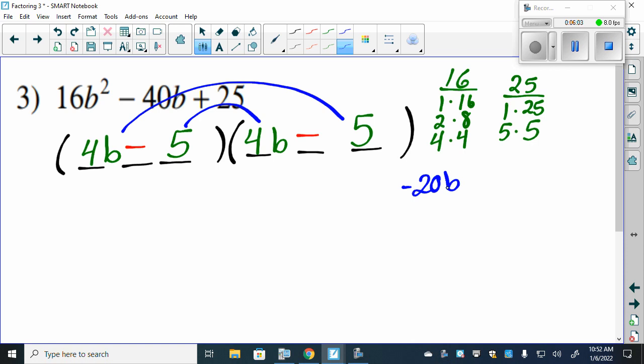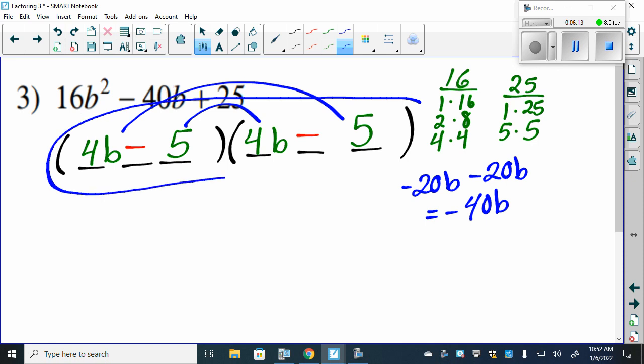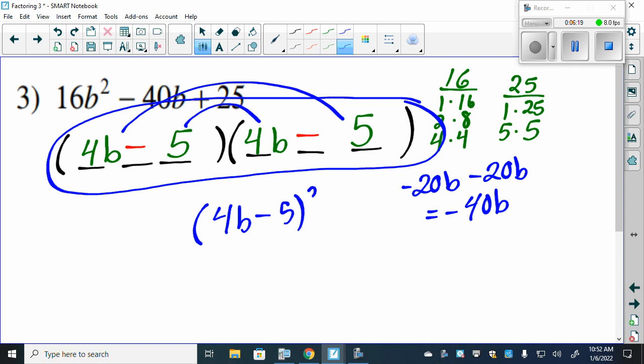Negative 5 times 4b is negative 20b, which gives us negative 40b, which is exactly what we want. So these here are the factors, or really we can rewrite it as 4b minus 5 squared. Either one of those works just fine. Any questions on any of this here?